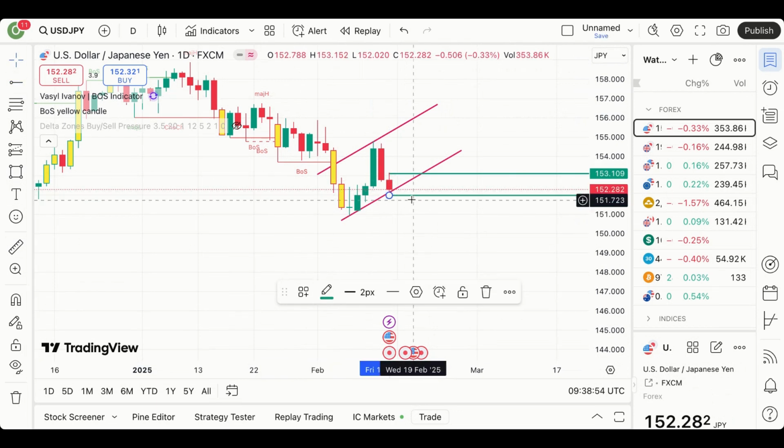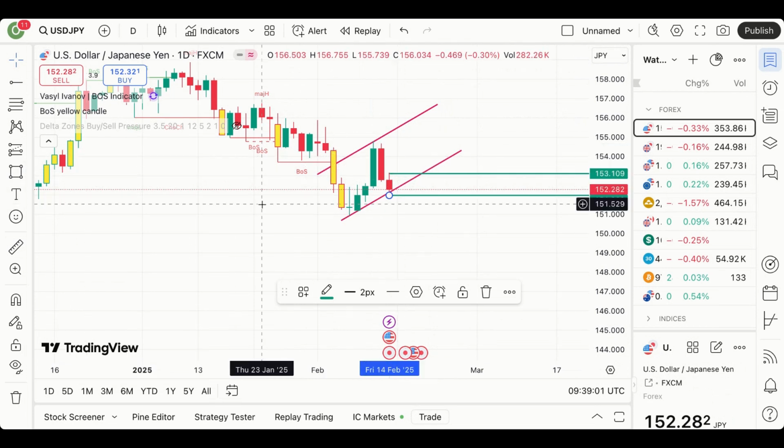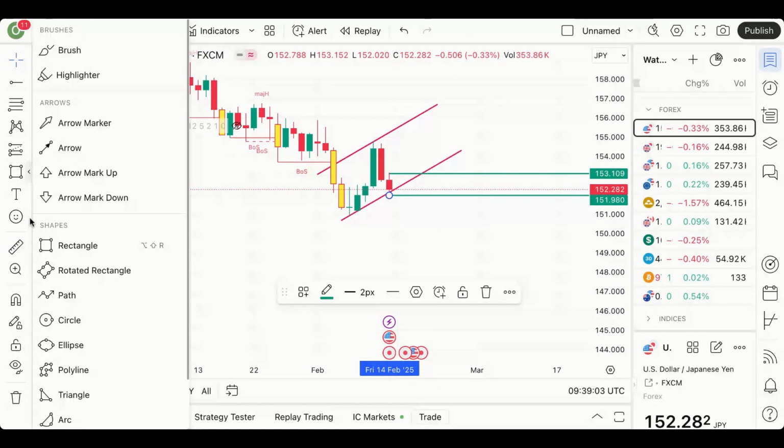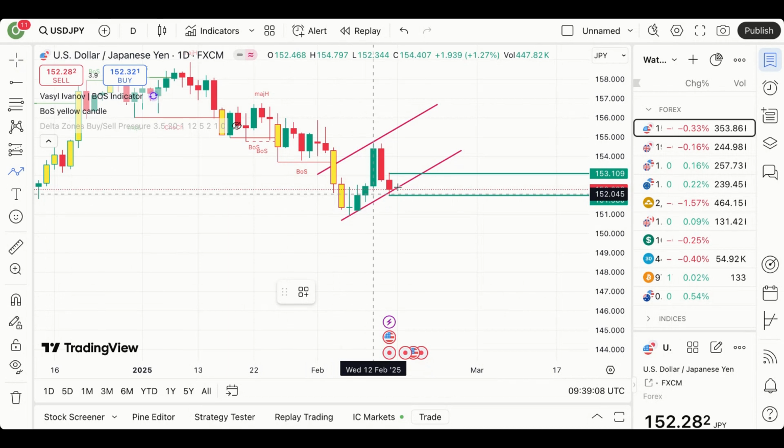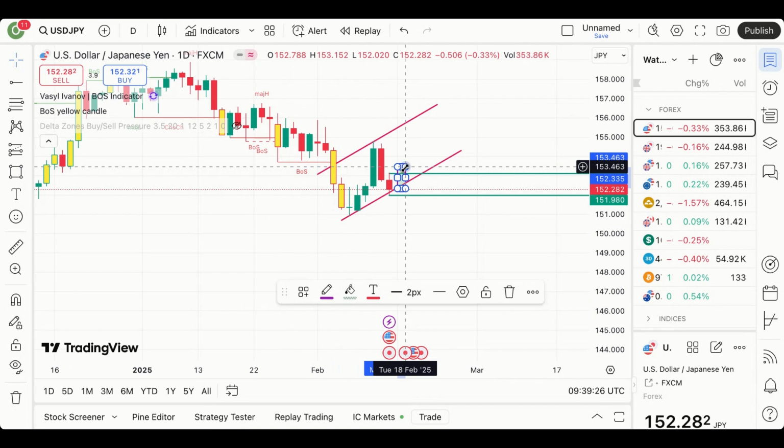So this is Friday, definitely. So we are looking at the green candle. We're looking at the green candle to come up from here. Let me use a box instead for that. We're looking at a green candle to go up here, this stage.